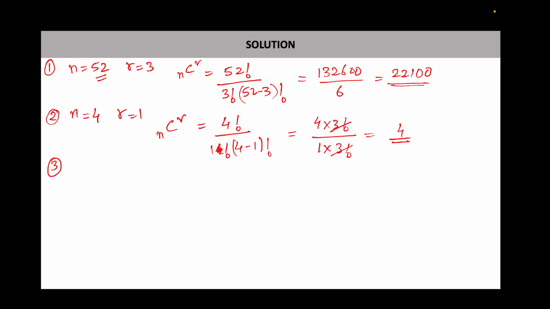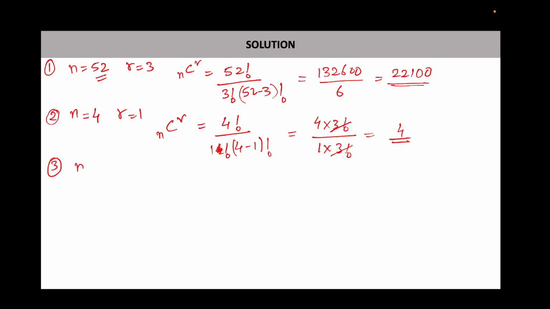Now, the third combination will be when you choose three cards, and your first card, the king, has already been chosen, because the question is not asking about the combination of the other cards. So you have to calculate the combination for the remaining cards, which must not be kings.